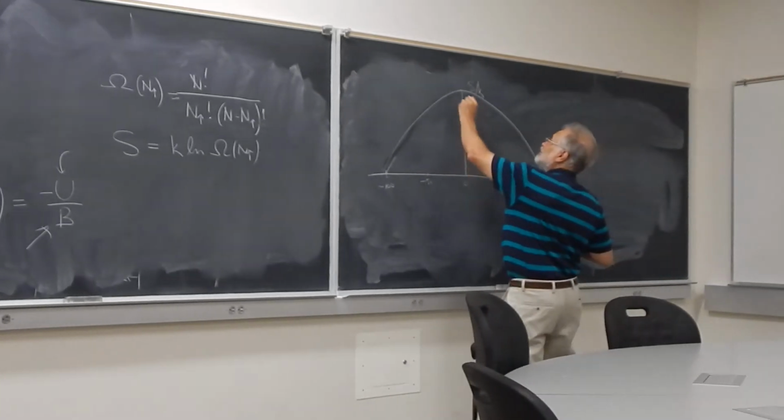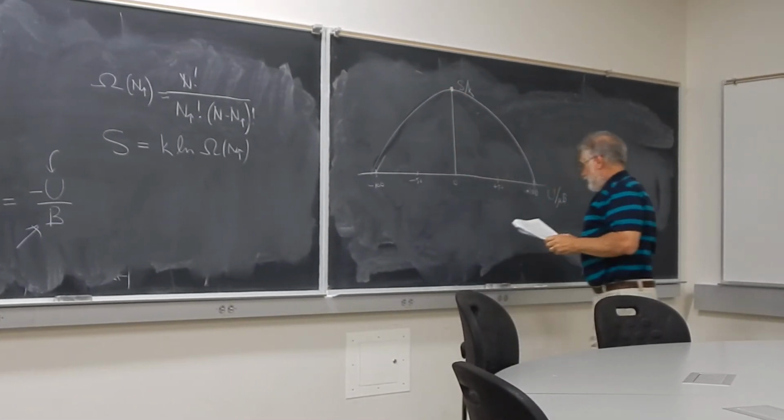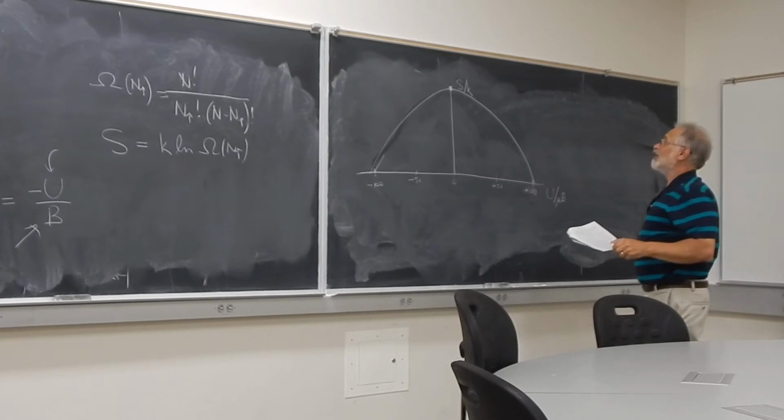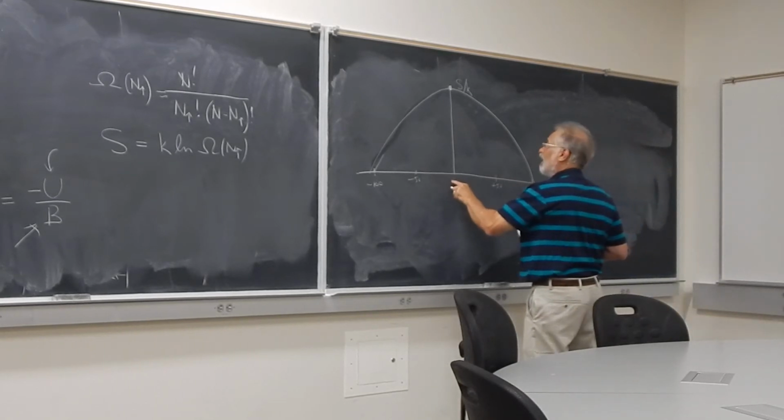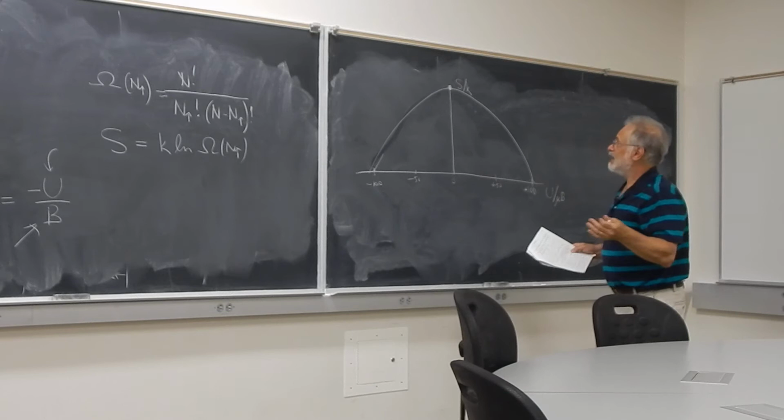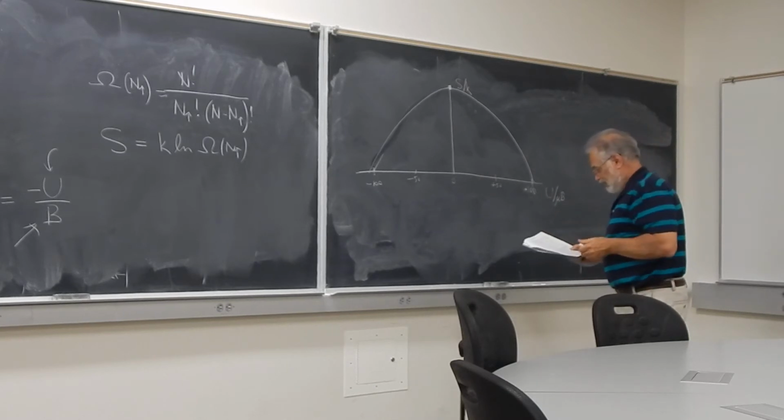So notice the largest multiplicity, and thus the largest entropy, are going to occur at an energy of 0, right? Where you have exactly as many spins pointing upwards as you do downwards.